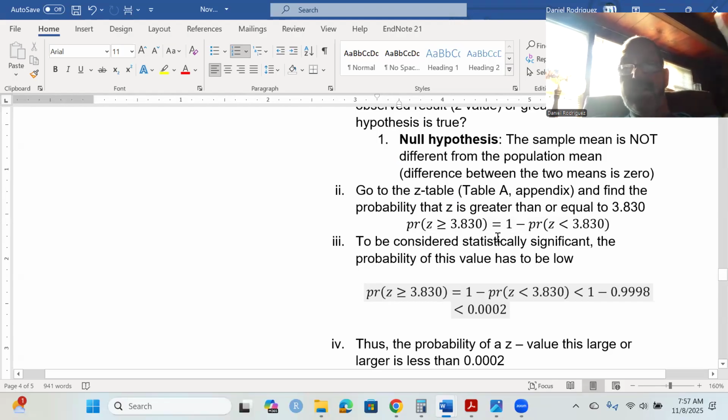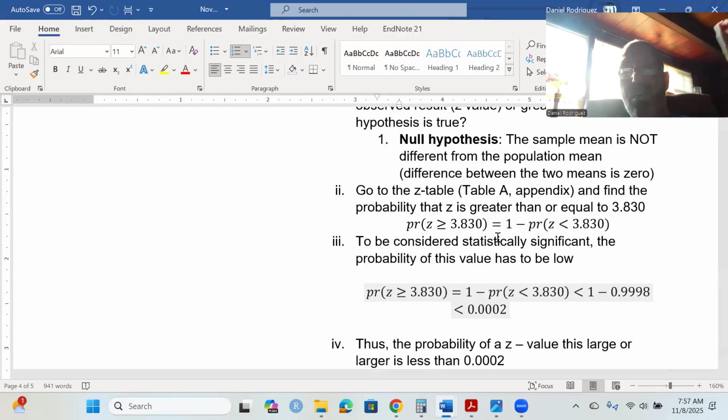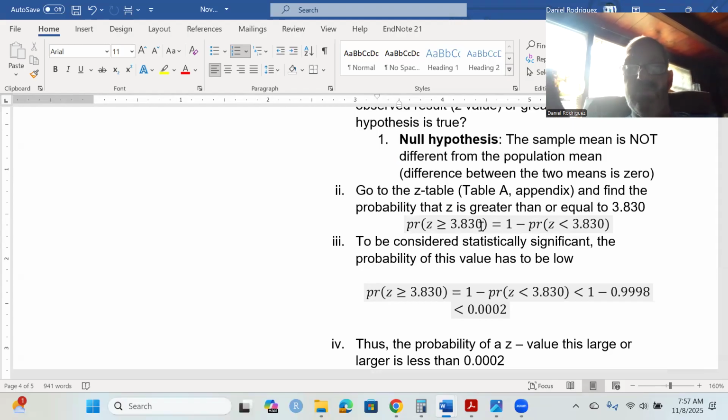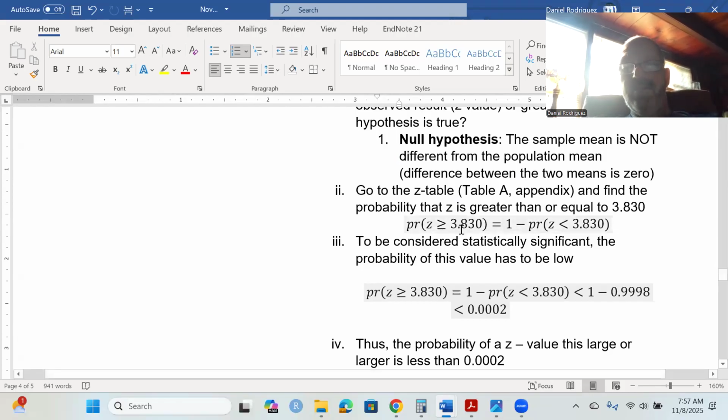A p-value represents the probability of a value this large or larger, given the null hypothesis is true. So if the null hypothesis is true and the true population mean is 50, what's the probability that we observed a difference this large? Remember, our score was the difference between our sample mean and the population mean, and then we converted that difference into a z-score.